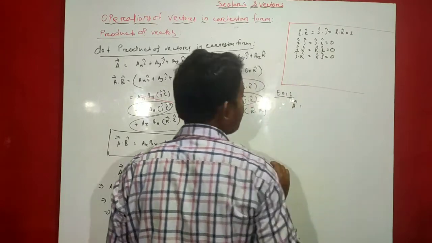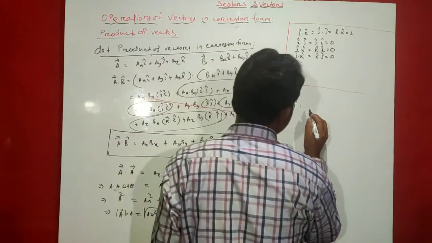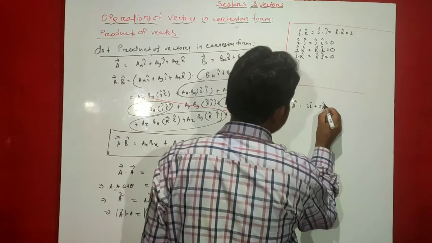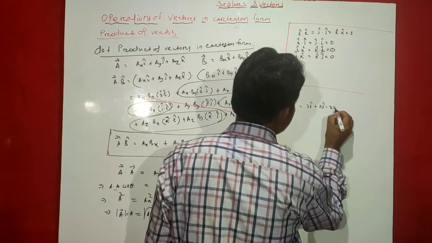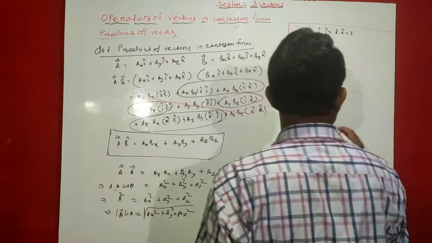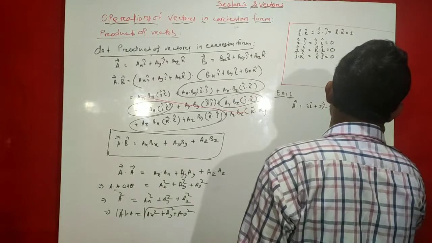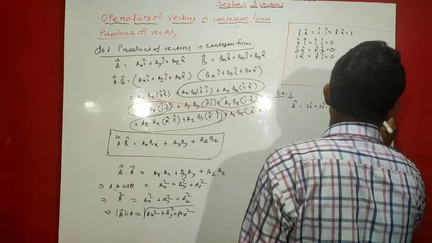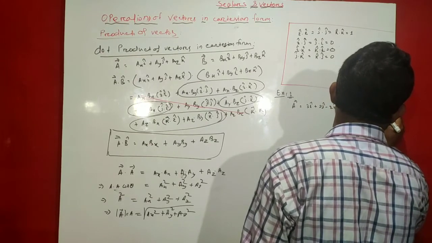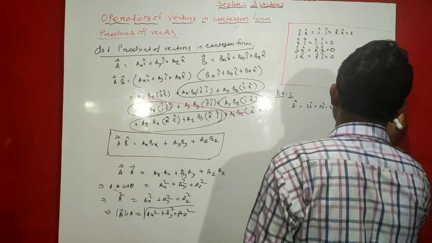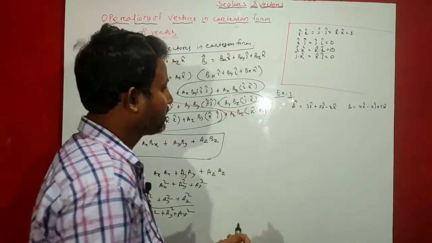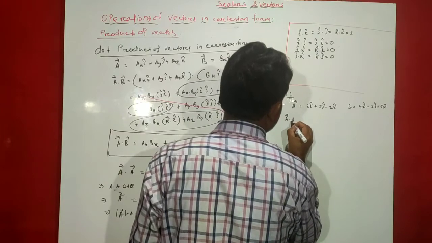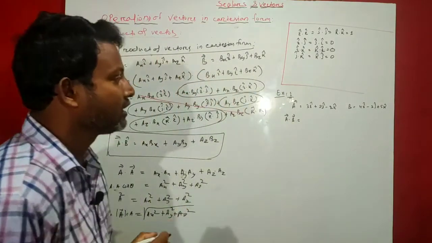Let vector A be 3 i cap plus 7 j cap minus 2 k cap, and another vector B be 4 i cap minus 3 j cap plus 5 k cap. We have to find the dot product of A and B.